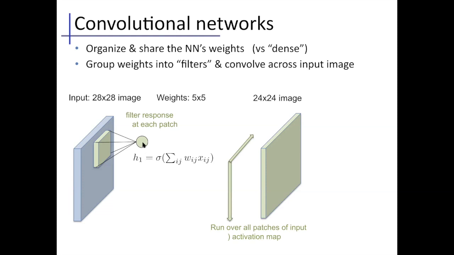That would be the activation of one hidden neuron, and I'm going to put it into one grid in the output. Because I slide the window across the image, I will be able to generate many hidden neurons throughout the spatial map.